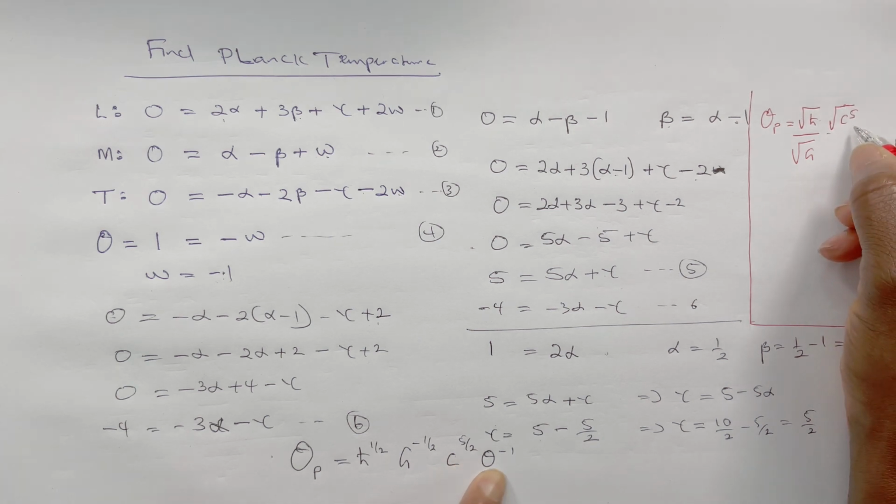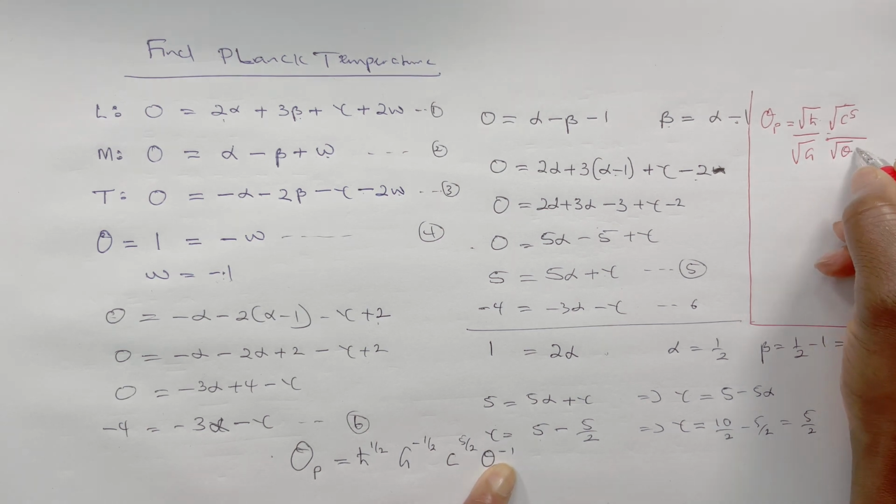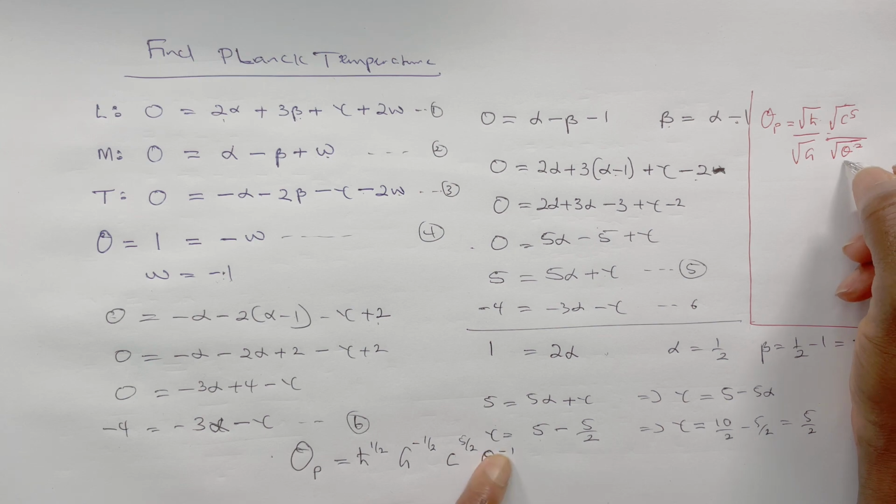Now this one here, because it's minus 1, it's going to be root theta to the power 2, in the denominator. If you root a square, you get 1. The reason why it's in the denominator is because it's minus 1.